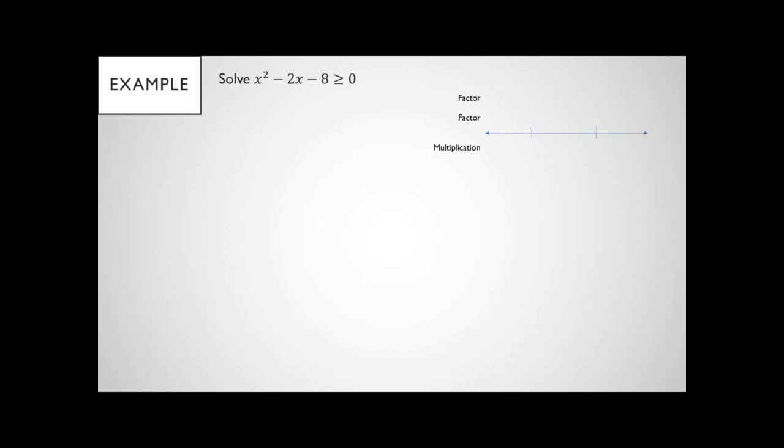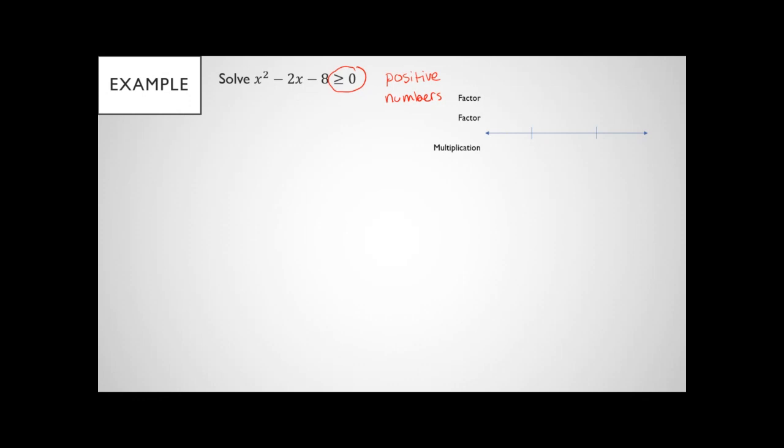So first, you need to make sure that one side of this is 0, which is, we've got it greater than or equal to 0. So that's good. And if it helps, you might want to remember, greater than or equal to 0, we are looking for positive numbers. Some people like to just write a note for themselves there.